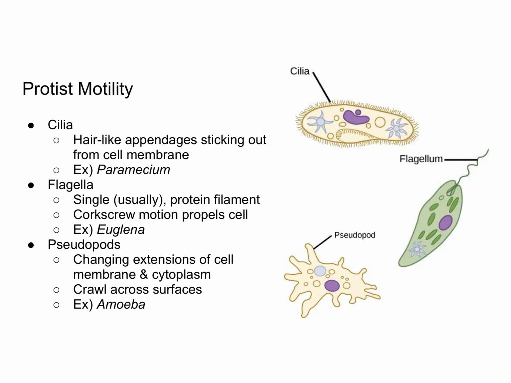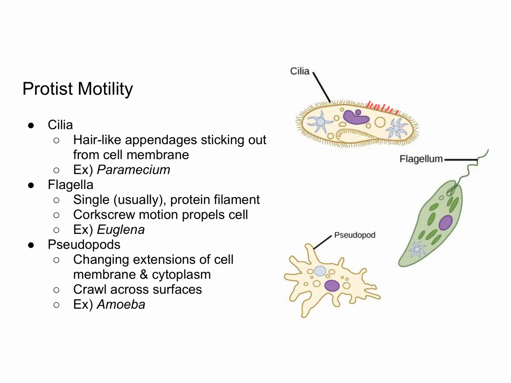A lot of protists also have the ability to move around in their environment, and cilia, flagella, and pseudopods are three of the different ways that different types of protists might be able to move around. So first of all, cilia are these hair-like extensions that are sticking out of the cell membrane, and you can see them here. They're these little hairs right here.